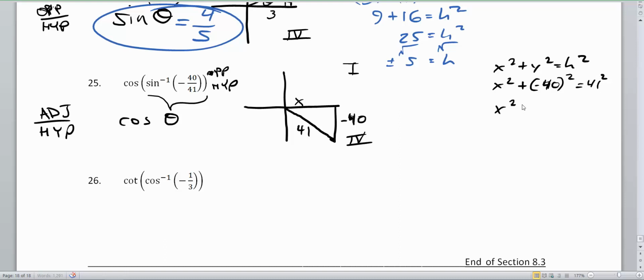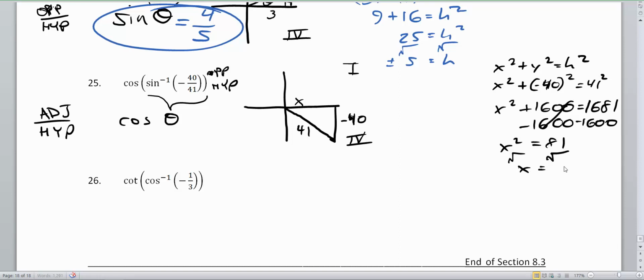So x squared, now I take my negative 40 times negative 40, and that gives me 1600. This answer is not going to be as ugly as you think it is, because 41 times 41 is 1681. And if I use my inverse operation to simplify that, x squared is equal to 81, and then we take the square root of both sides. X is equal to plus or minus 9.